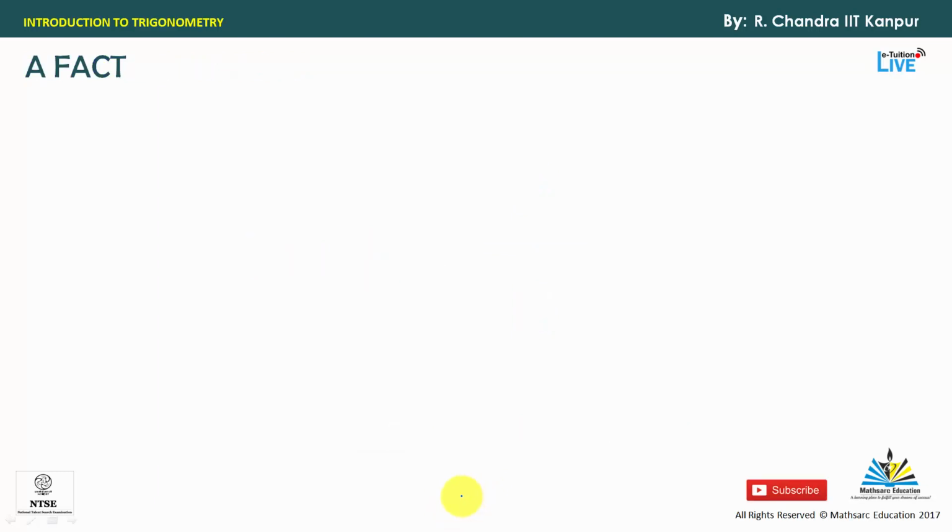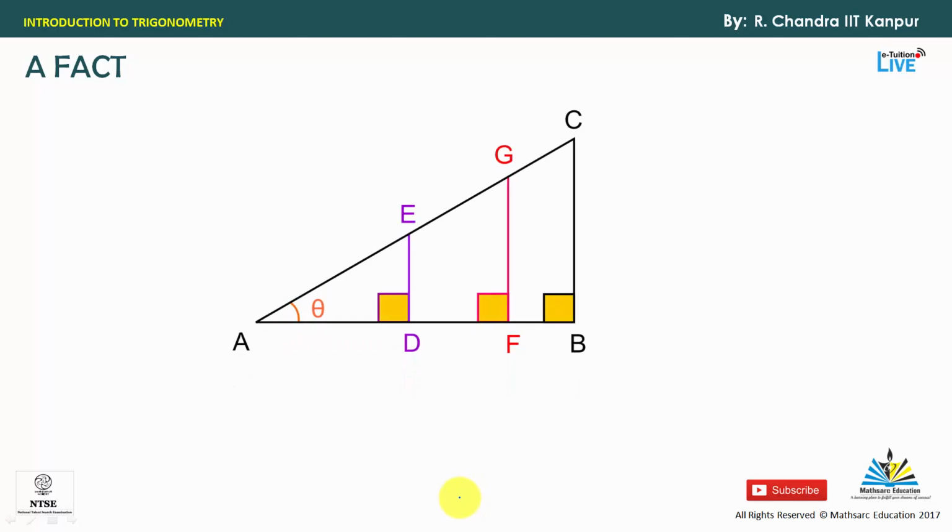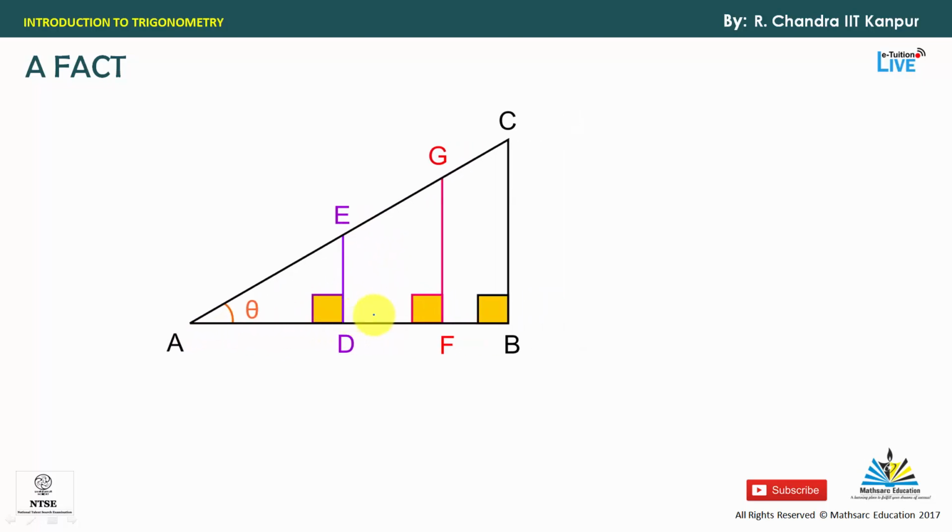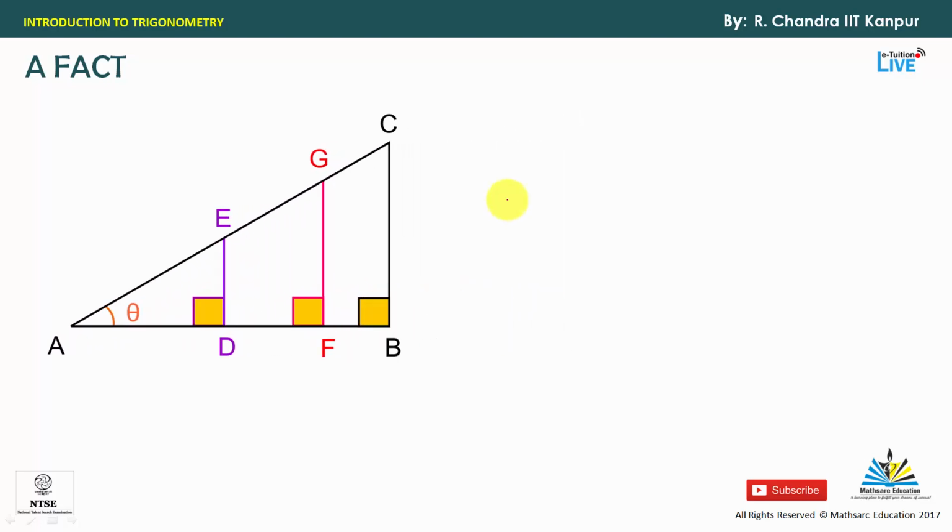Let's talk about the effect and what the effect is. What are you watching here? You are watching a right angle triangle ABC, another right angle triangle AFG, and ADE. So ABC, AFG, ADE are similar triangles.